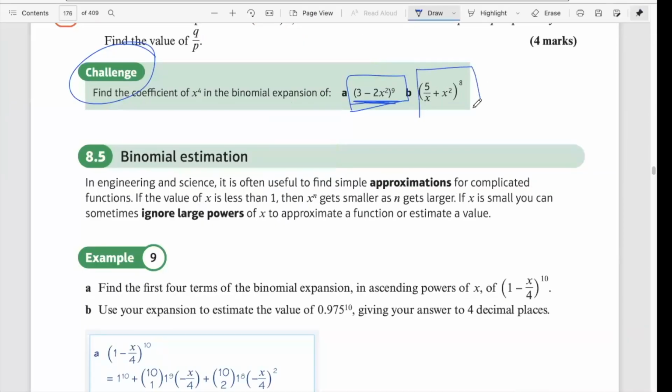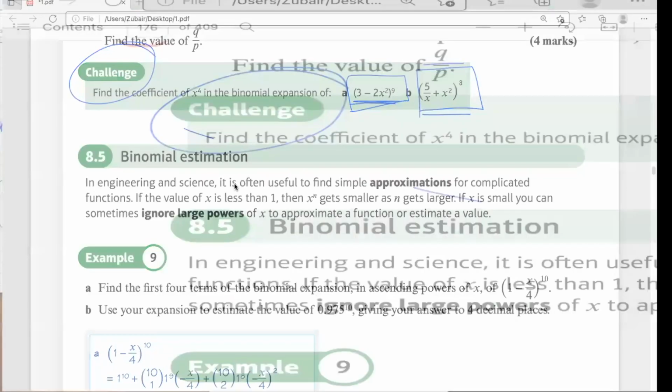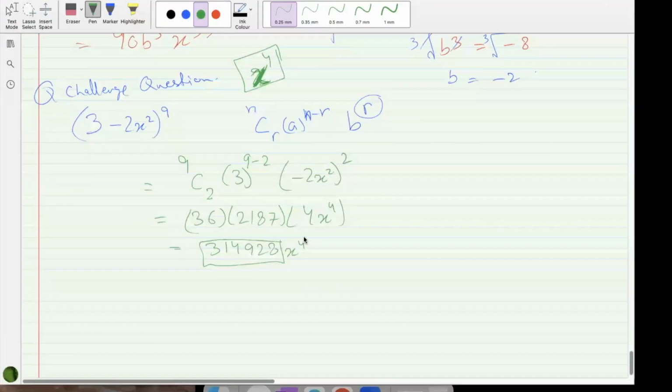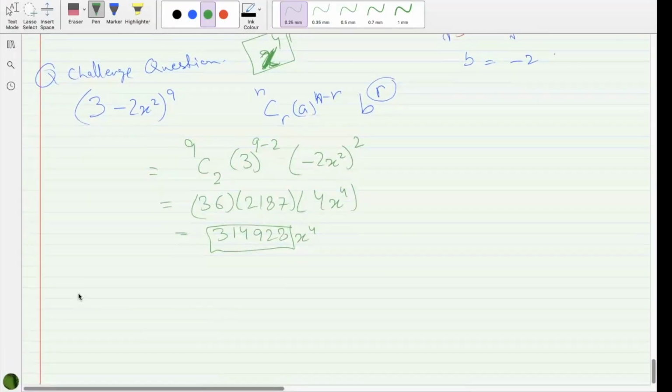Now let's try this. Can I try part B by myself without help? Yes, you can. But there was a little thing we need to study first. After this, I'll give you a question. All right, sir. Or if you want, I'll just write a question in a similar way. For example, you have a question 4 minus 3x squared, whole raised to power 7.